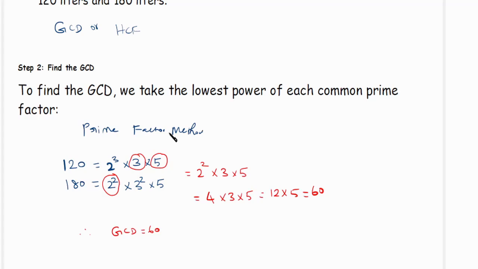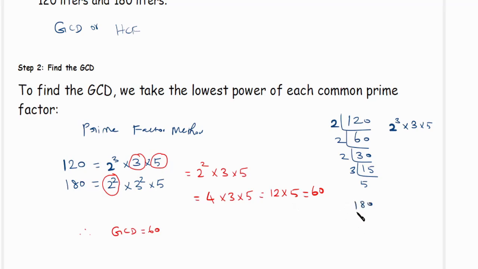So first I am going to take 120. So 120 is nothing but 2 power 3 into 3 into 5. How? 120 is 2 times 60, 2 times 30, 2 times 15, and 3 into 5. So it has become 2 power 3 into 3 into 5. So this is written here for 120.